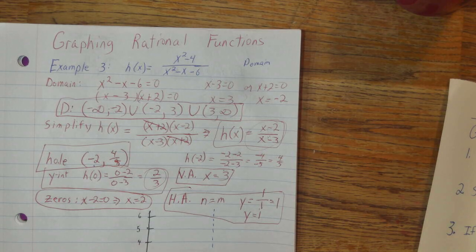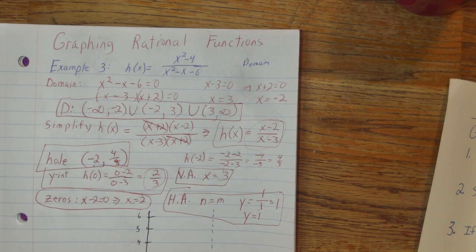And that is 2.5 minus 2 over 2.5 minus 3, which is 0.5 over negative 0.5, which is negative 1. So at 2.5, we're down here at negative 1. Okay, so I'm going to go ahead and draw this curve. It's close. It comes to this hole.